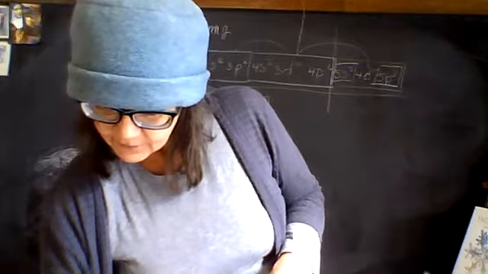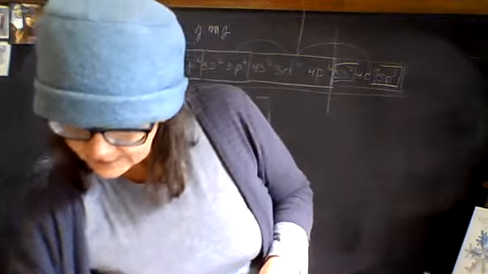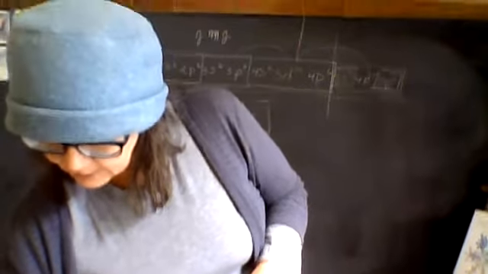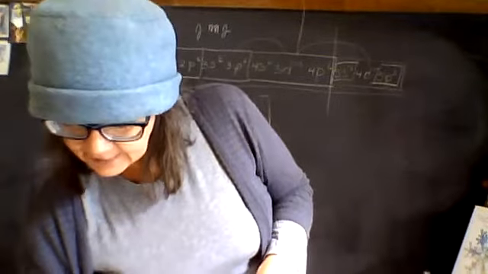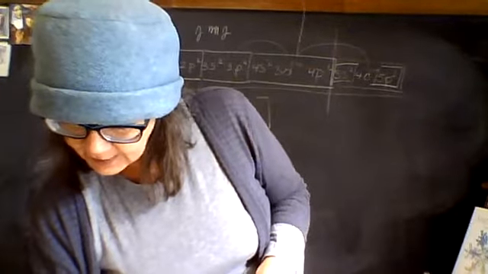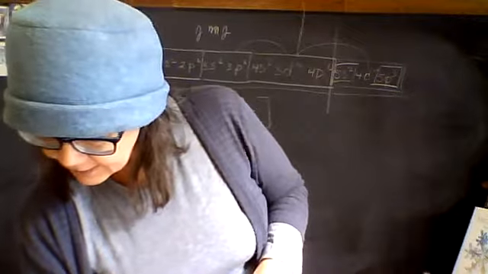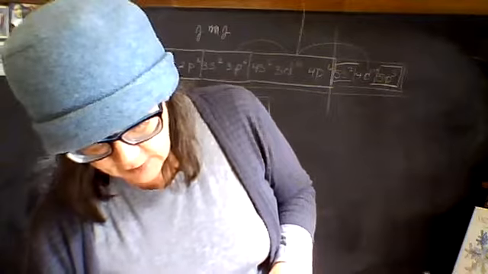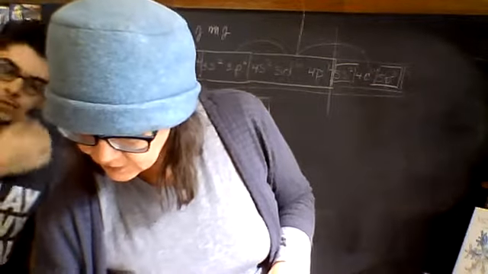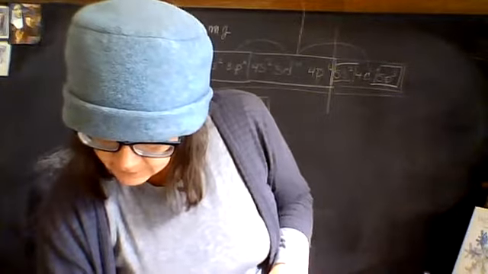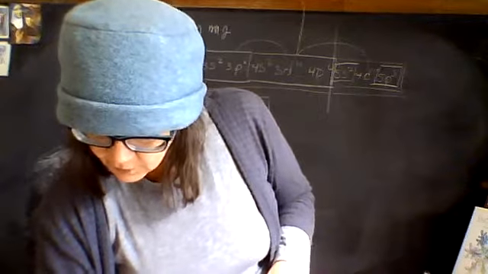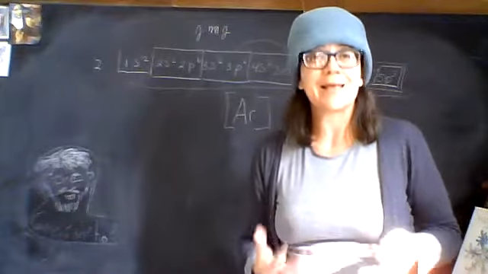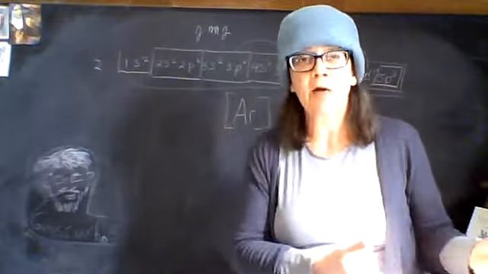Please read number 7. Ionization potential. So if an ion is an atom that has either gained or lost electrons, so that electrons and protons are not equal, we want to know the amount of energy needed to turn this atom into an ion.